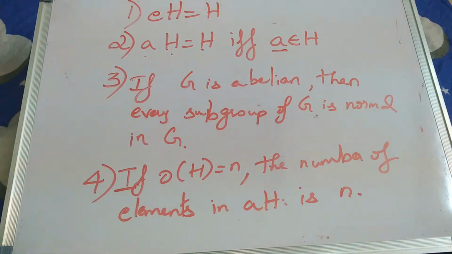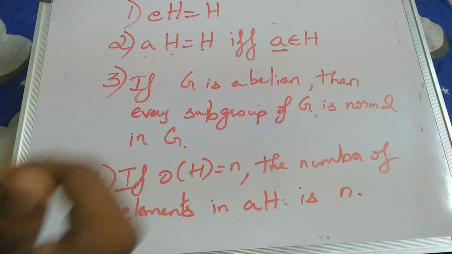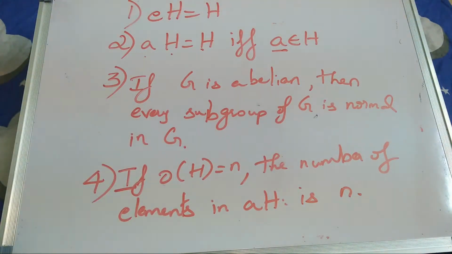So what we are trying to do is gradually proceed so that the process of checking whether a subgroup is normal will be simplified using group homomorphisms. That is what we are arriving at. We are slowly building up so that we can hereafter check a subgroup to be normal using group homomorphism.